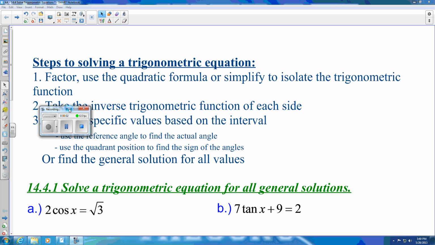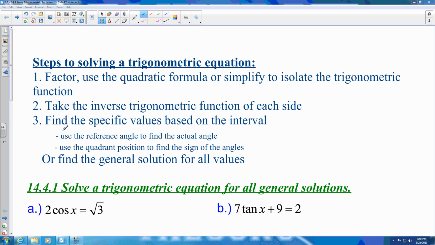Okay, so we are in section 14.4 where we get to solve trigonometric equations. There's not a whole lot of difference between solving regular equations and solving trig equations.